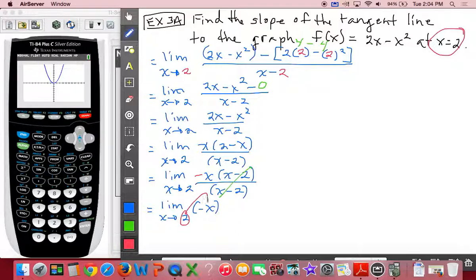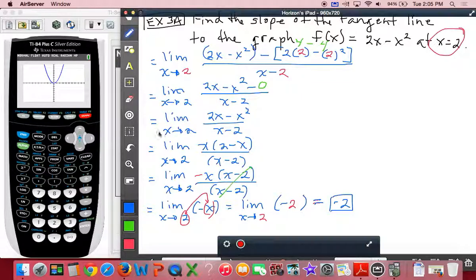Put this 2 in for just the x, not the negative x, just the x. And so most of you are probably running out of room, so this is equal to the limit as x approaches 2 of negative 2. So what does that equal? It equals negative 2.